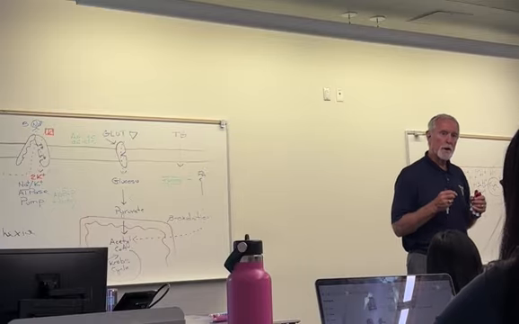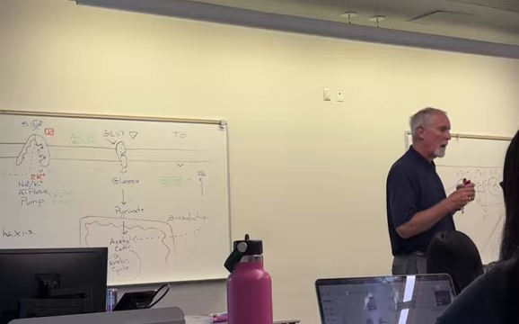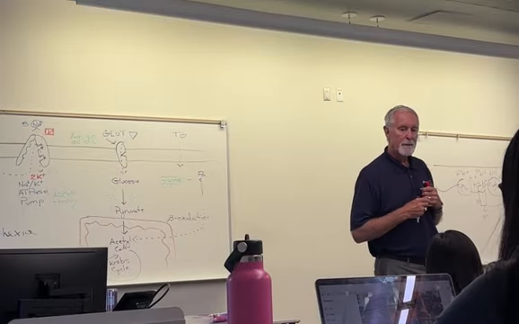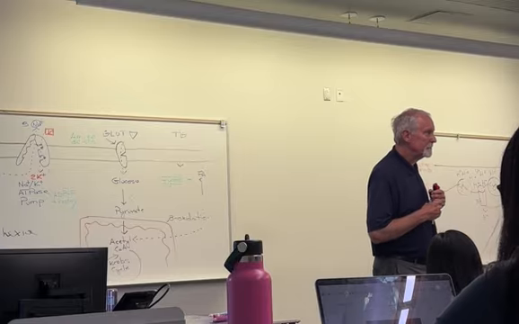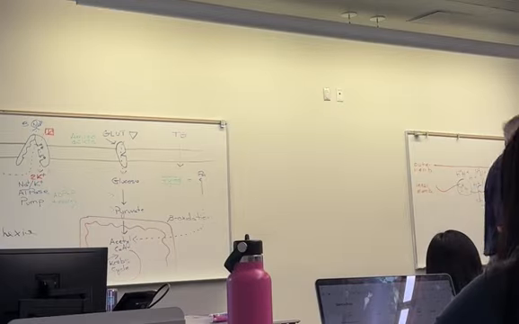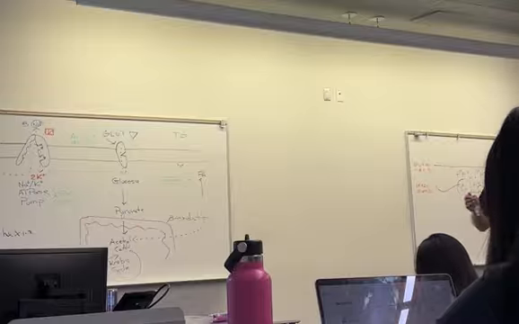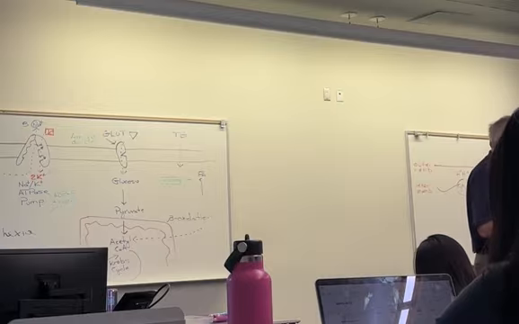And this short circuit causes the cells in brown adipose tissue to make more what? To make more heat, because we've short-circuited the production of ATP. So we have to have a greater flux of glucose being broken down with heat being liberated from it.